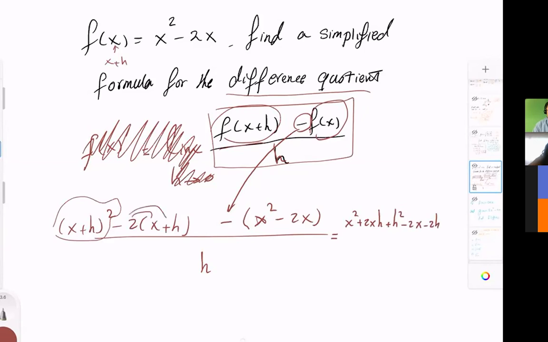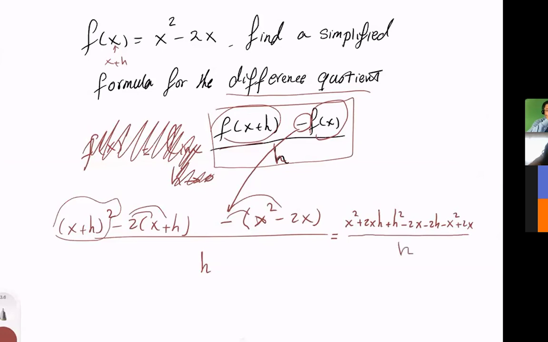Minus 2x minus 2h. Then minus x squared plus 2x, divided by h. The x squared cancels. The 2x will cancel.